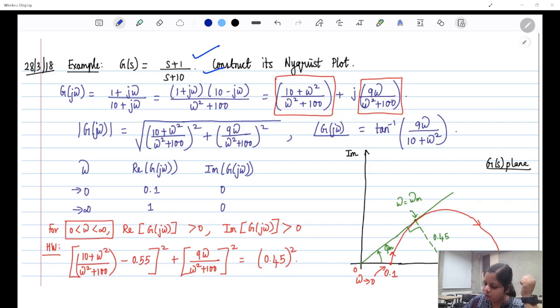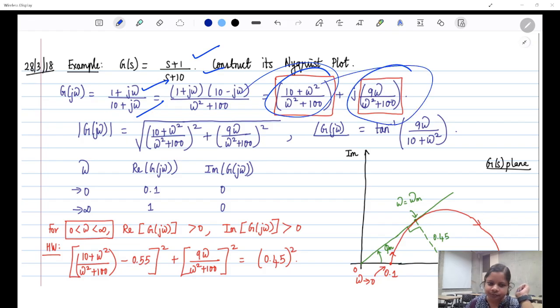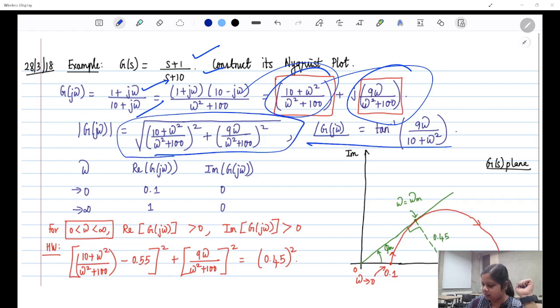If you just write it, it would be (1 plus j omega) upon (10 plus j omega). We want to get rid of any complex term in the denominator, so we multiply with its conjugate, so that we only have the real and imaginary parts to decide from the numerator, and you get this to be the real part and this to be the imaginary part, right? And then you find out the magnitude. This is your whole magnitude, and then the phase is this.